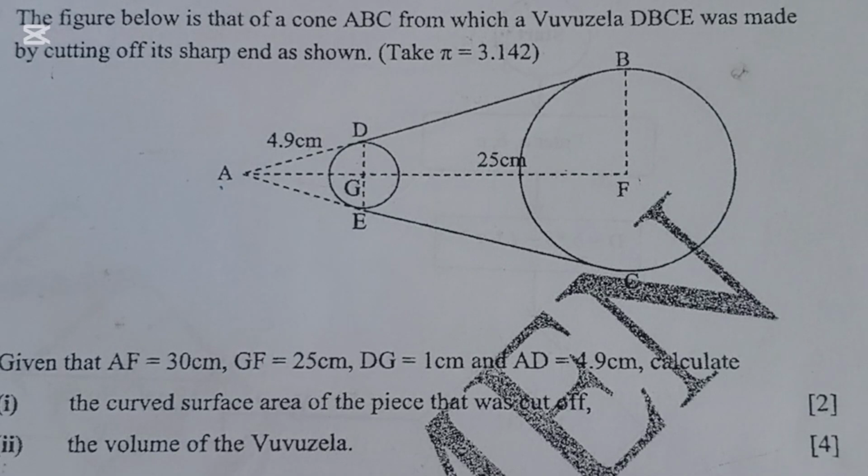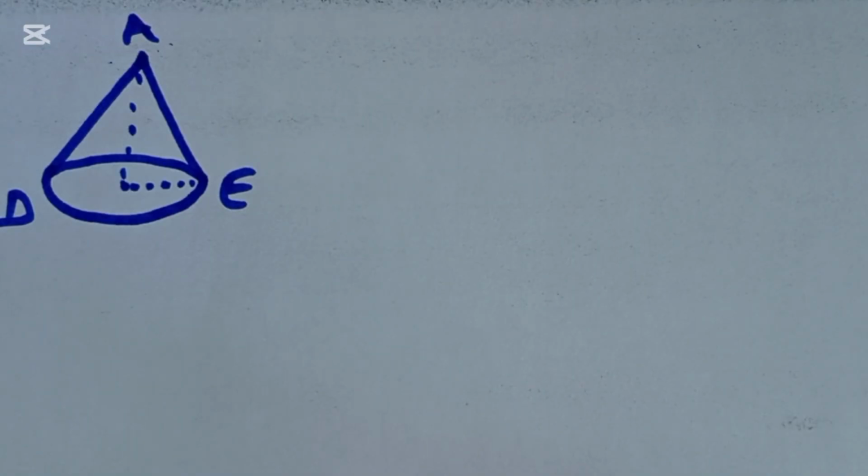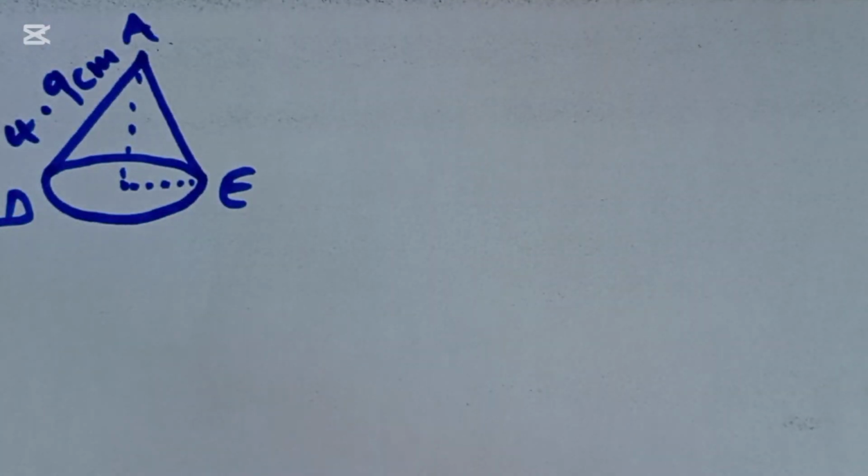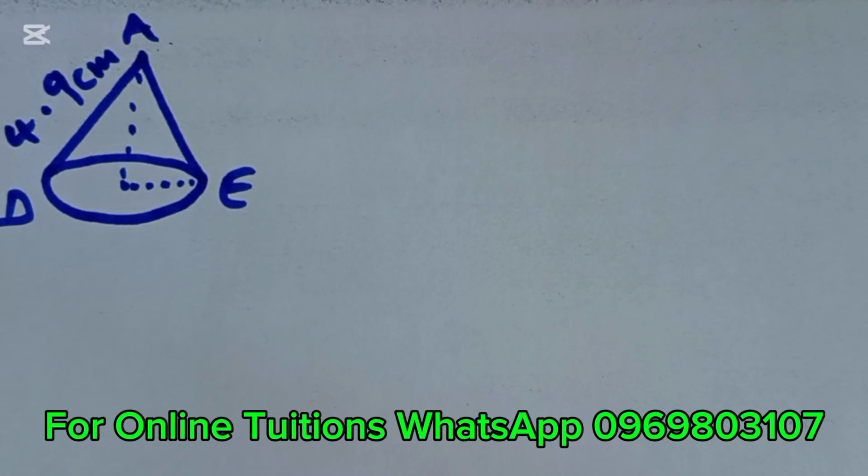So the piece that was cut off, this was the part which was cut off. So we have AD, which is the slant length, it is 4.9 centimeters. So that is the slant length. So the question is, calculate the curved surface area of the piece that was cut off.